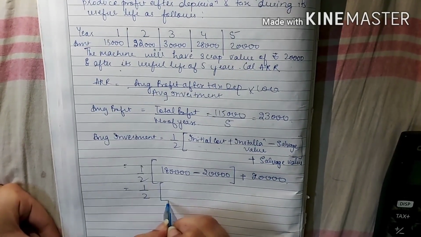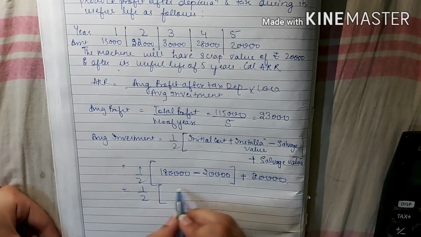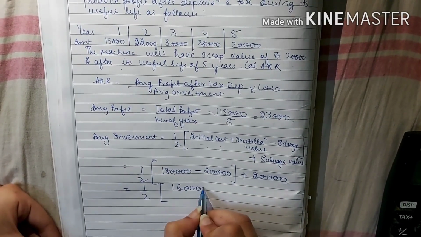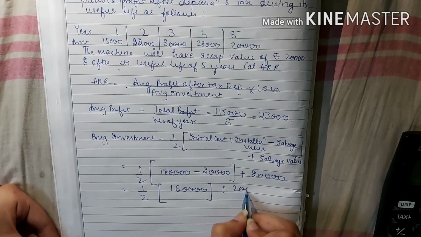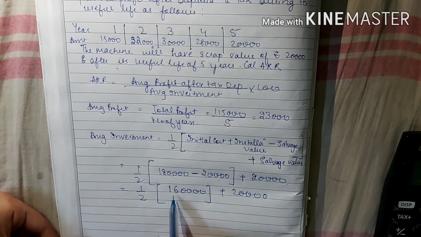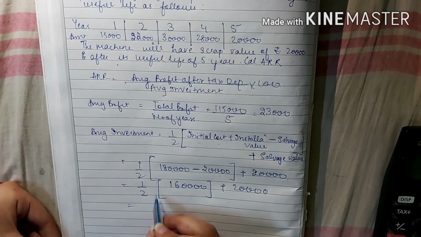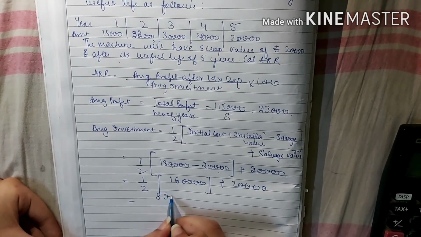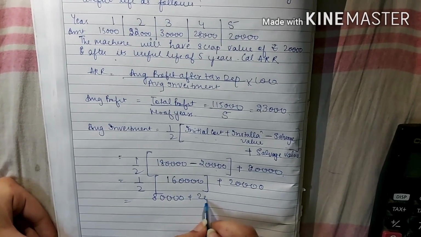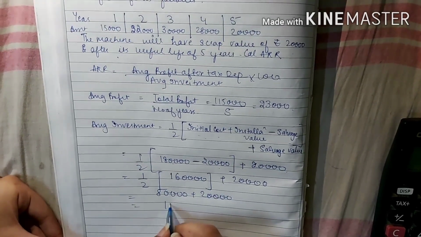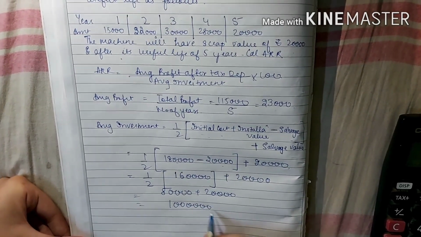Half bracket 180 minus 20, it is 1,60,000 plus 20,000. This half is just for the terms within the bracket. So half into 1,60,000, it is 80,000 plus 20,000. So average investment is 1 lakh.